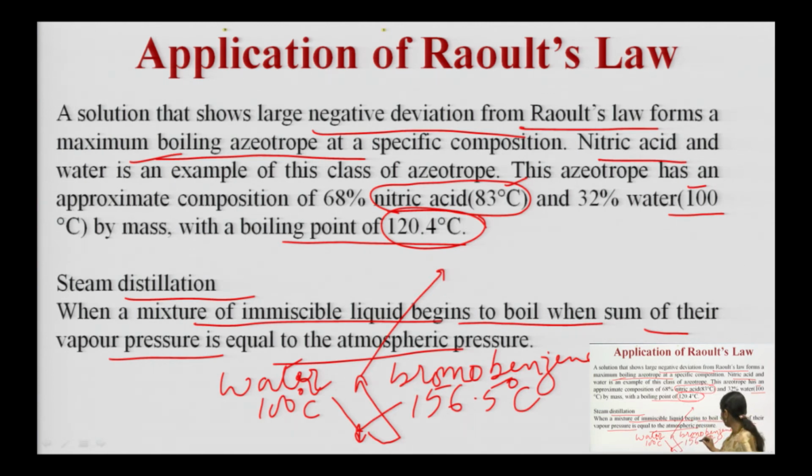When these two are mixed together, they start to boil together, at different compositions, but at 95 degrees Celsius. That means we can separate out bromobenzene at a temperature 61 degrees Celsius lower than the boiling point of bromobenzene.